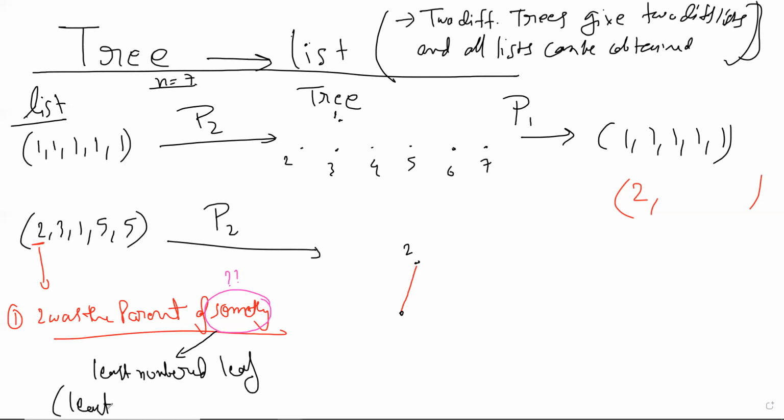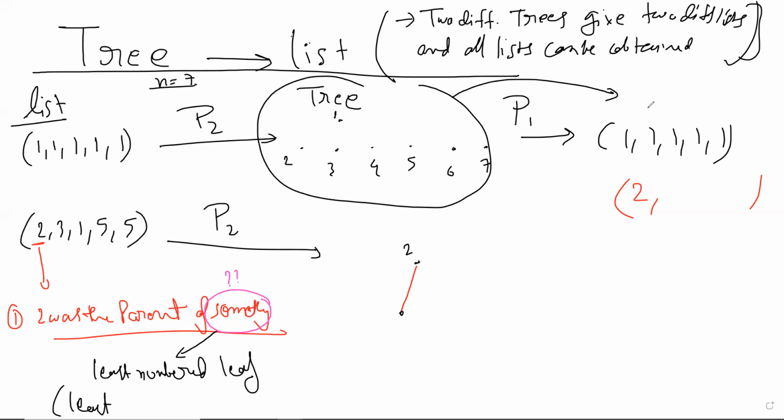Point is that in your process, when we were going from a tree to this list, if something was a leaf, then it never appeared in the list. Leaves never appear in the list. That's very clear, right? At every stage in the list, we were only filling the parents.